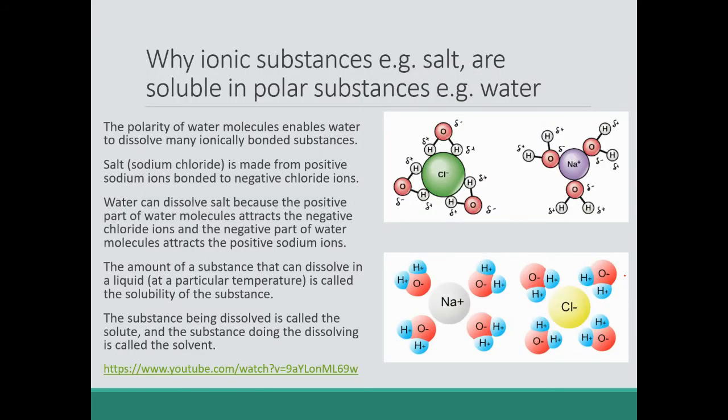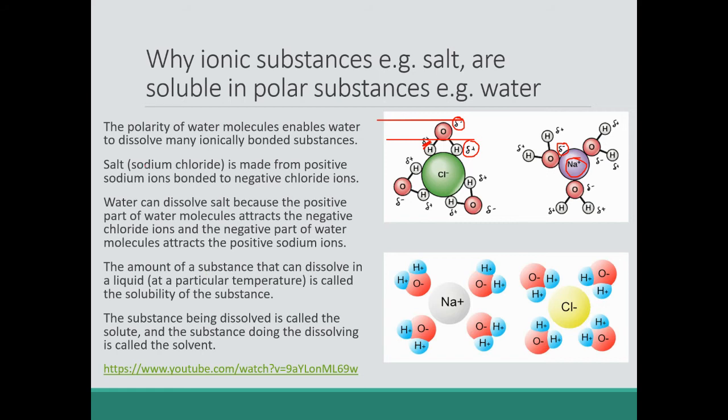Okay, so here it is in words. Now here's another good picture which shows these little symbols here mean slightly. So this is a water molecule with the oxygen. The oxygen end is the one that's slightly negative, and the positive end is the hydrogens. And so in this case, it's attracted to the negative chloride ion, so it lines up so that the positive end of the water molecules surrounds the chloride ion, whereas if it's the sodium ion, which is positive, then it's going to be attracted to the slightly negative, or partially negative, end of the water molecule.